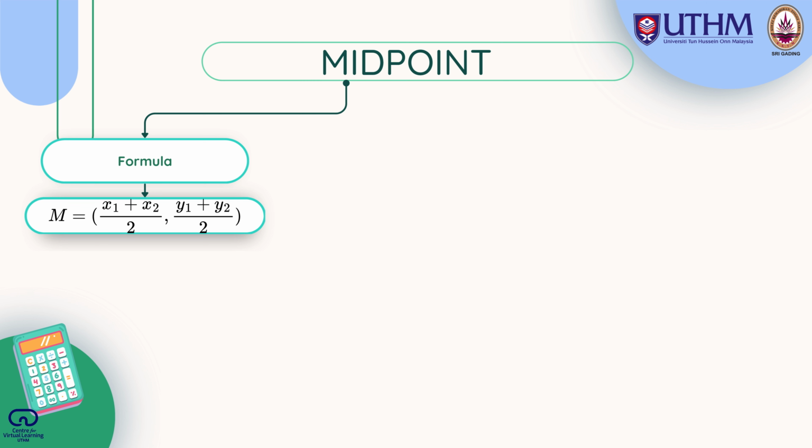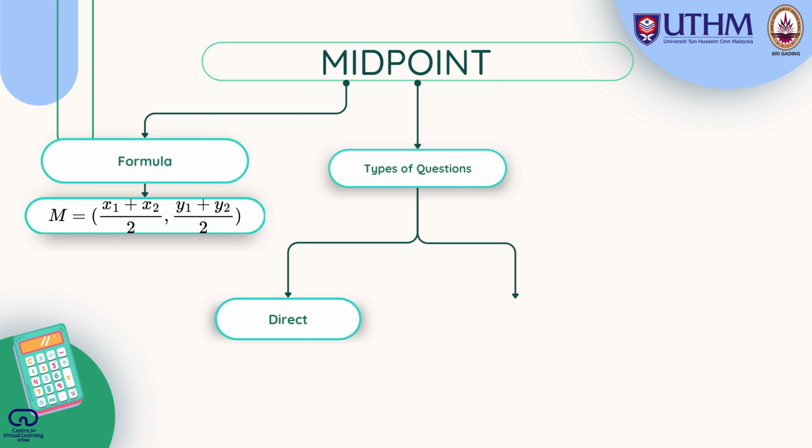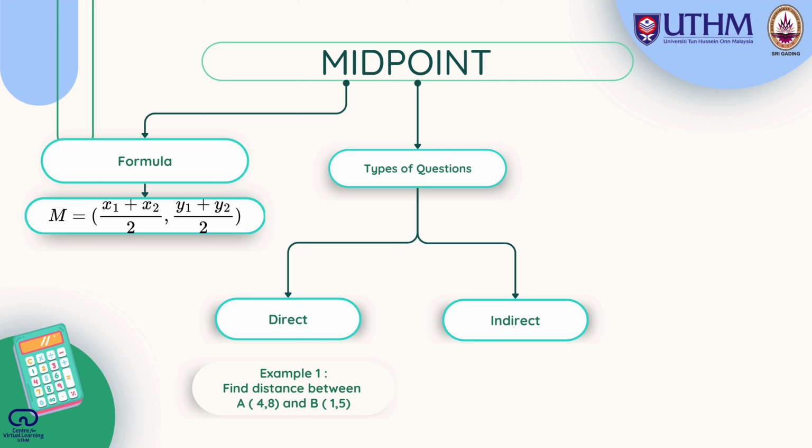Here, the midpoint M is the average of the x values and y values of the 2 points. Second, we have 2 types of question. The direct question, where you calculate the midpoint, and the indirect question, where the midpoint is given and you must find the missing value. Third, the steps to solve.